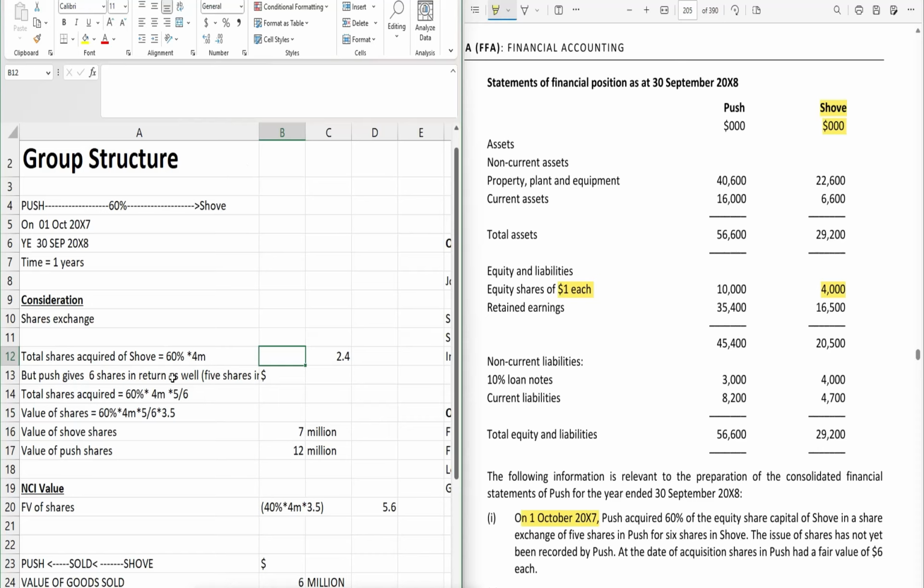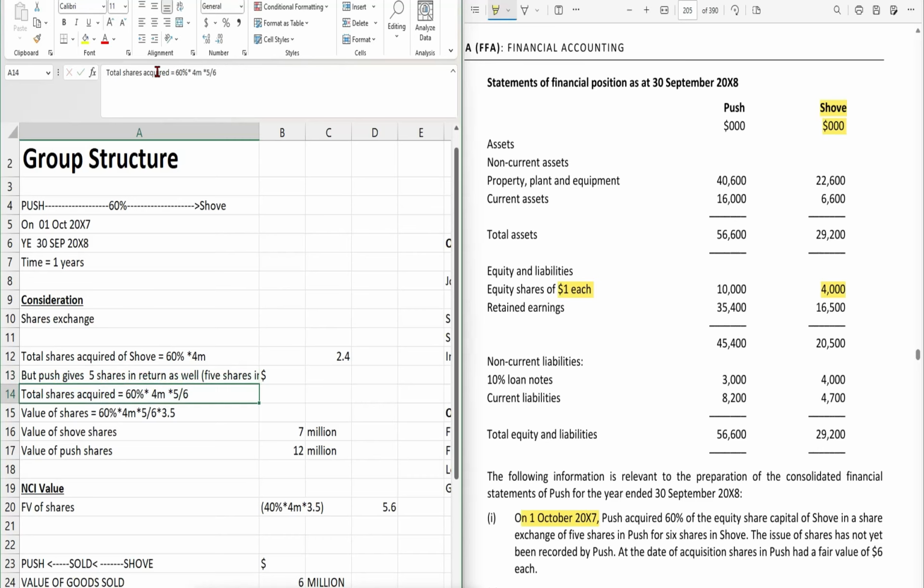So what we will do here, I have written that Push gives 6 shares in return, in order to acquire the 5 shares in Push for 6 shares in SOV. Sorry, Push gives 5 shares, not 6, 5.